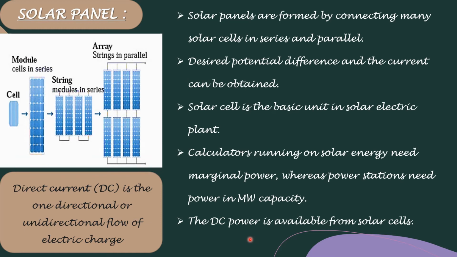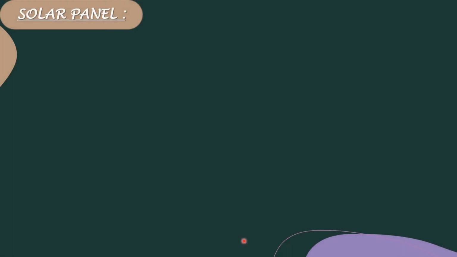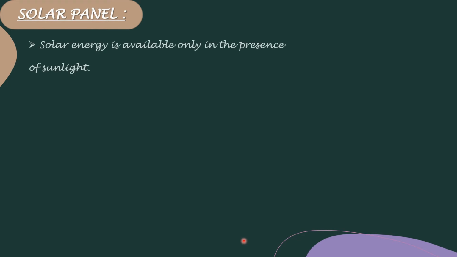So in applications which need DC power, for example electric lights based on light emitting diodes, the energy can be directly used. Since the energy from a solar cell is available only in the presence of sunlight, the energy has to be stored in batteries for use at a later time.